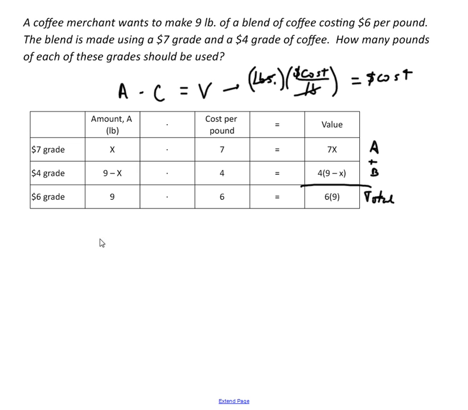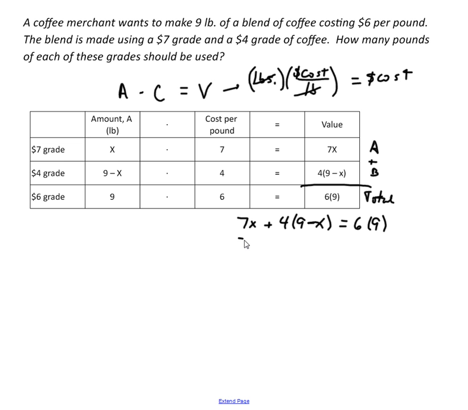So our problem setup is: 7x dollars for the $7 grade, price per pound times x pounds, plus 4 times 9 minus x dollars, is going to give us a total of 6 times 9 dollars for the total mixture. Well, now this is a nice equation that we can solve.